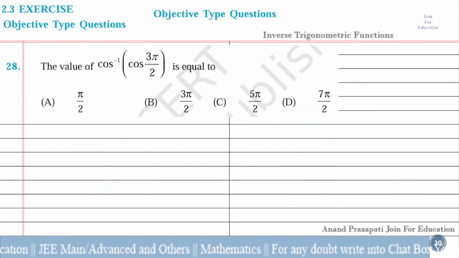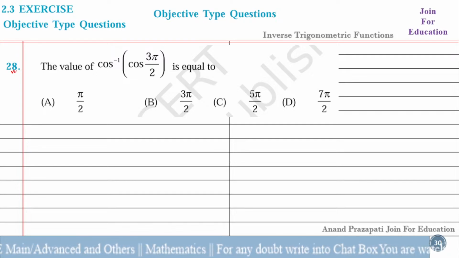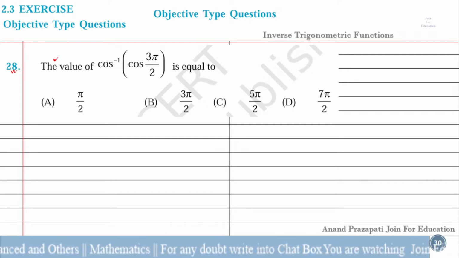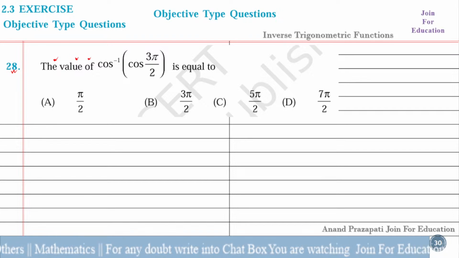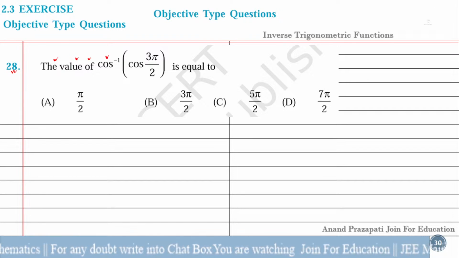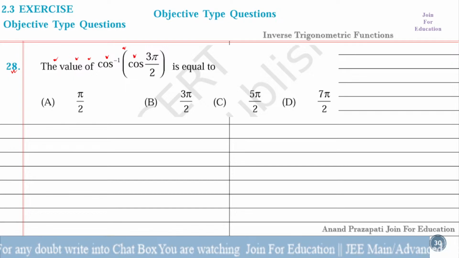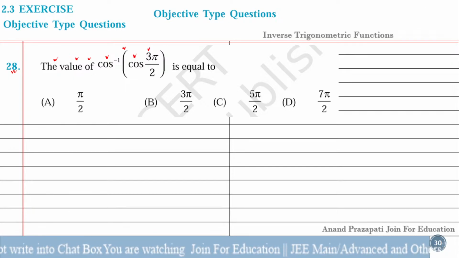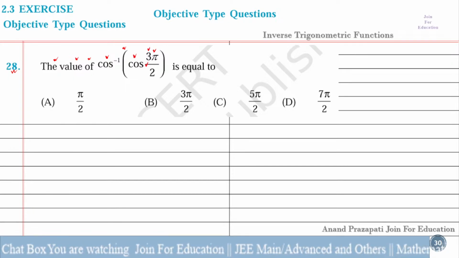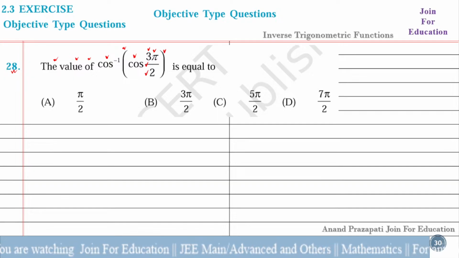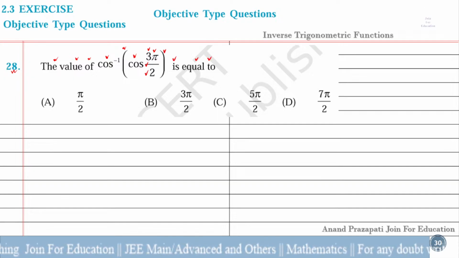Let's see the question number 28. The value of cos inverse whole start cos 3 pi by 2 whole closed is equal to.